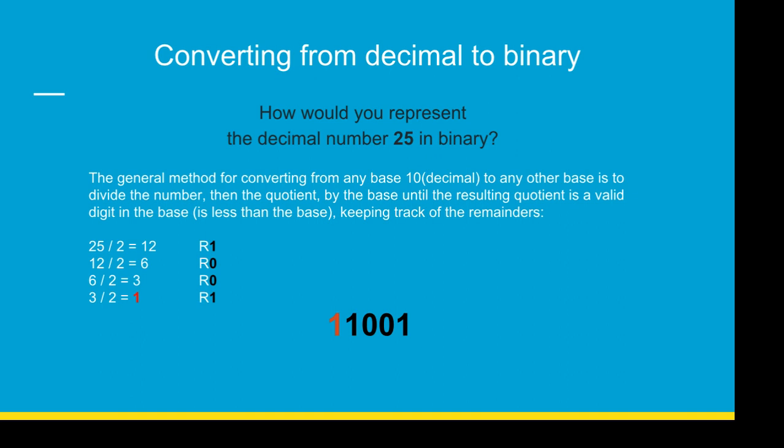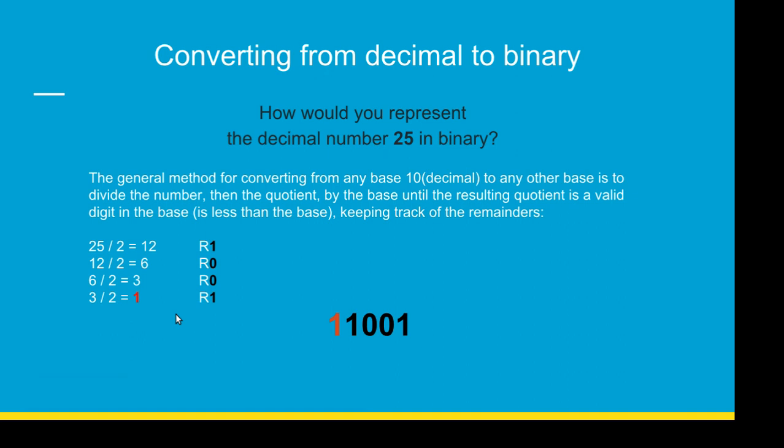So if we want to go from base 10 to base 2, we divide by 2, keeping track of the remainder, until we get down to the point that we only have digits for that base.